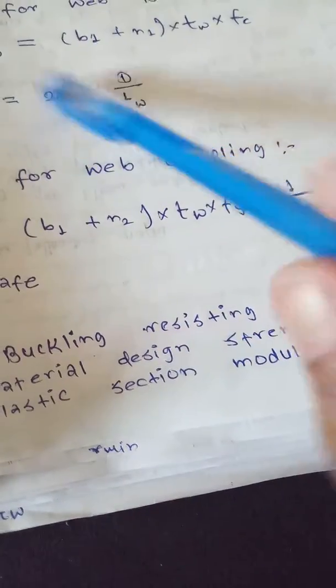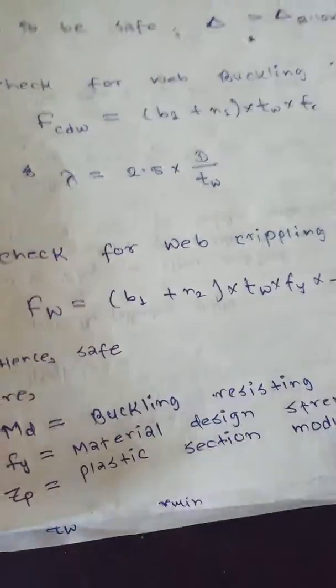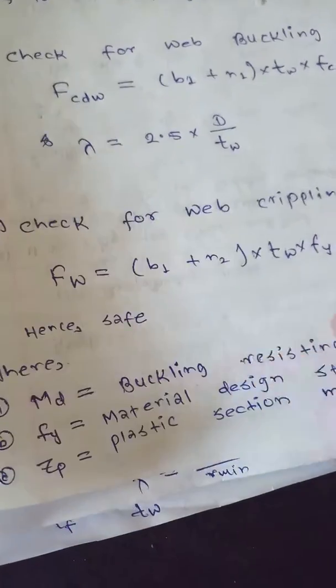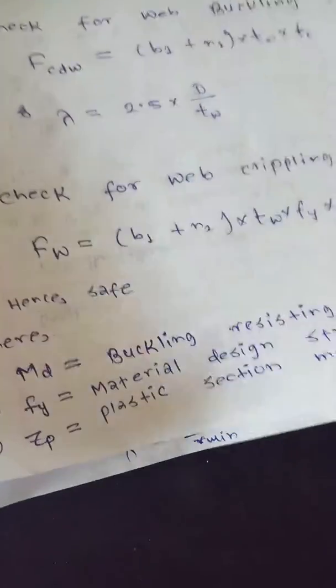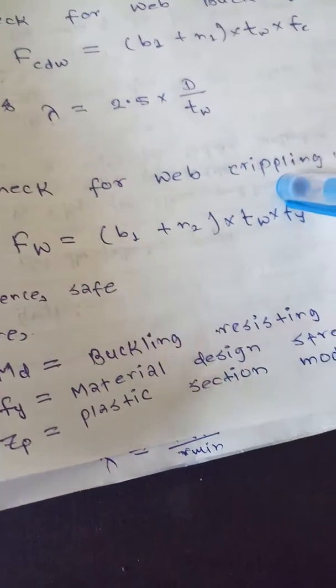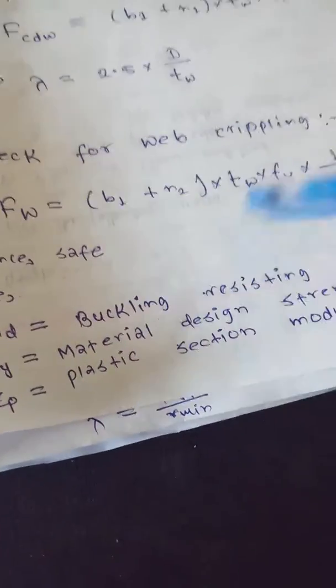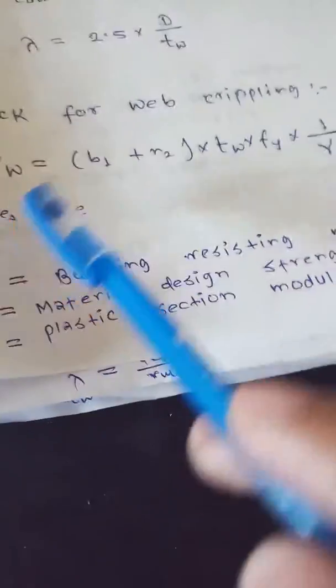Up to now I said formula only, and how to check that only: how to check deflection, shear, web buckling, and web crippling, formula only. Now I am going to say the symbols in full detail.